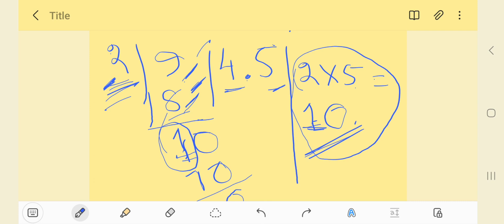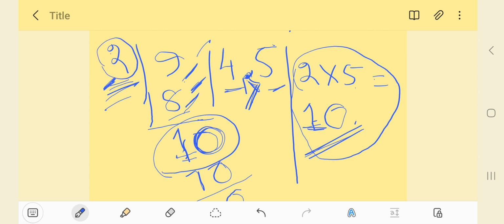We put this decimal point after this 4. By putting this decimal point, we took a 0 here. So then we got a bigger number which can be divided by this base number 2.